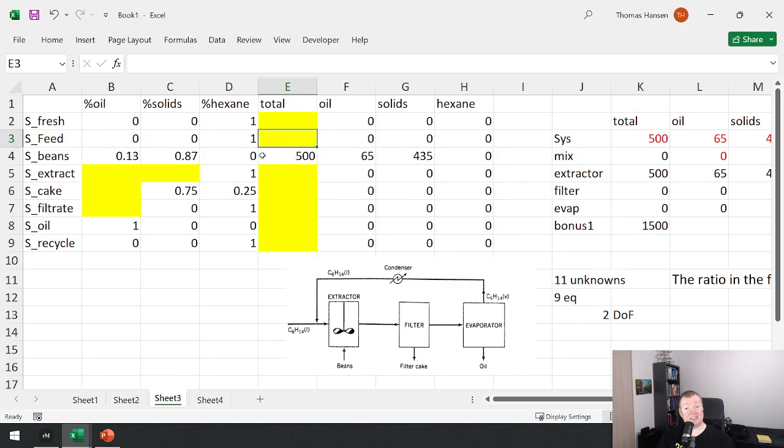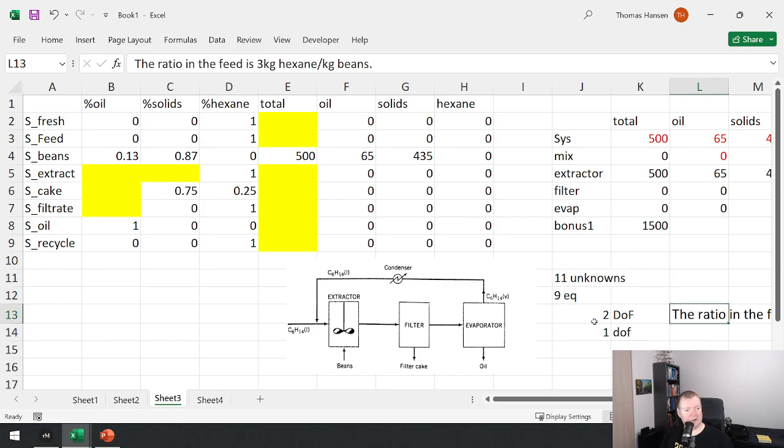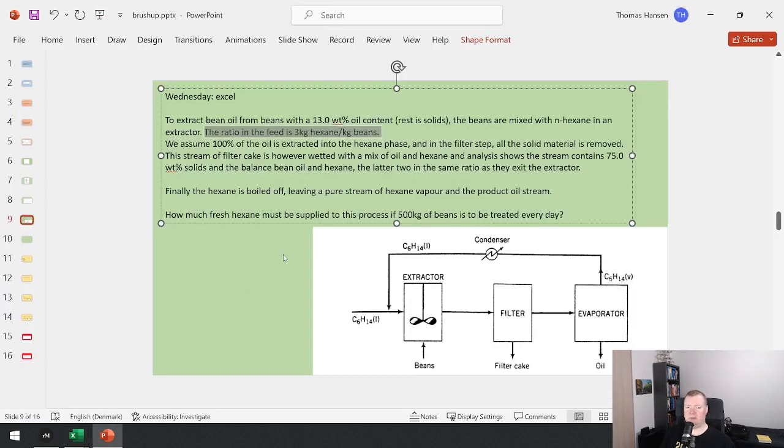We can just test it here. I know I have 500 kilograms, so if I have 1,500 kilograms of hexane, that equation should give me 0. It does. Perfect. I wrote it correctly. Yay! I'm now down to 1 degree of freedom. And then we need another piece of information.